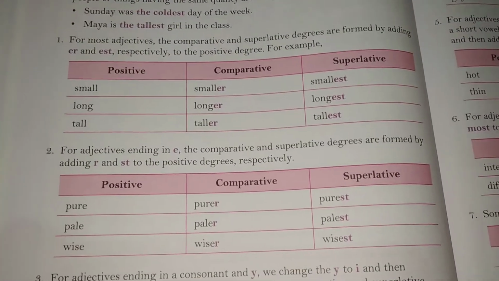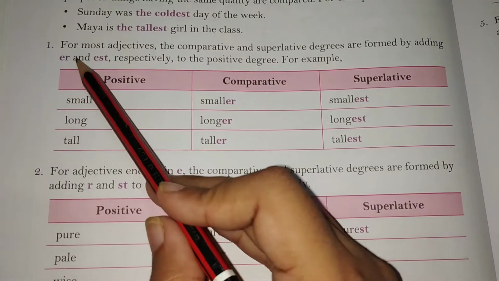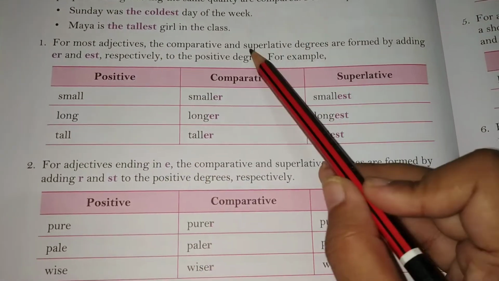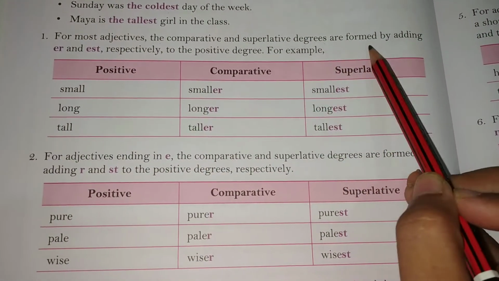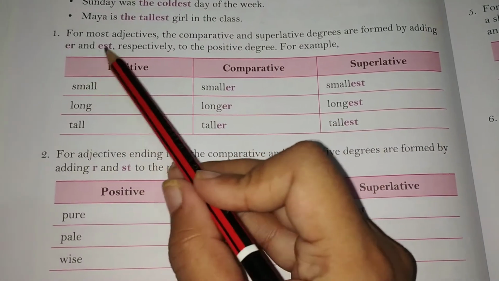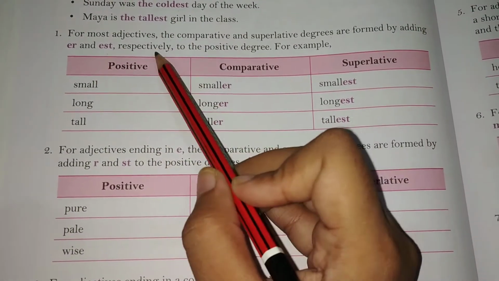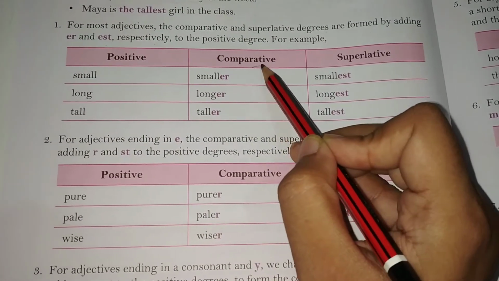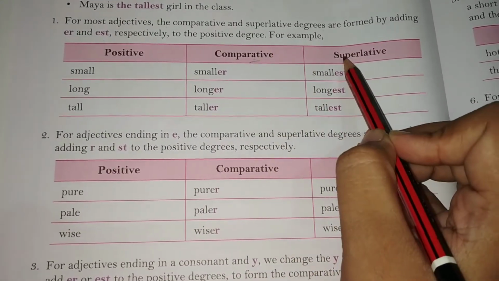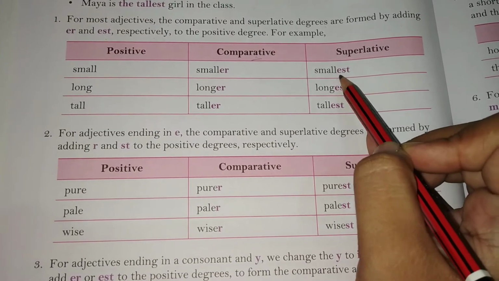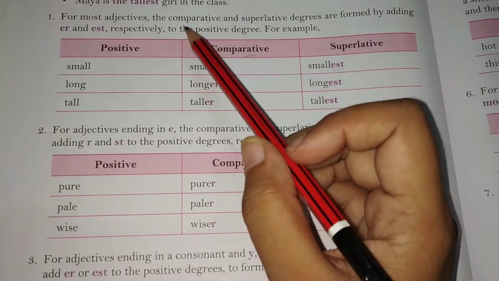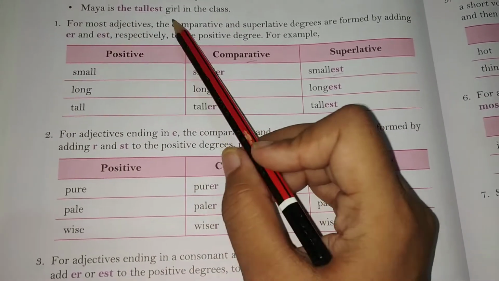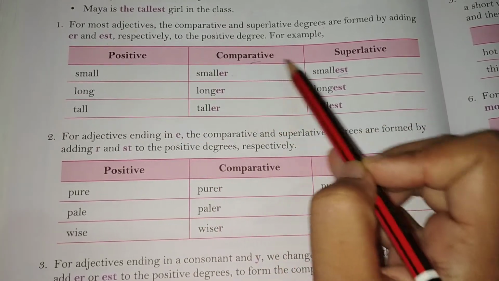Let's see. First one. For most adjectives, the comparative and superlative degrees are formed by adding er and est respectively to the positive degree. In the comparative degree we add er and in the superlative degree we add est.